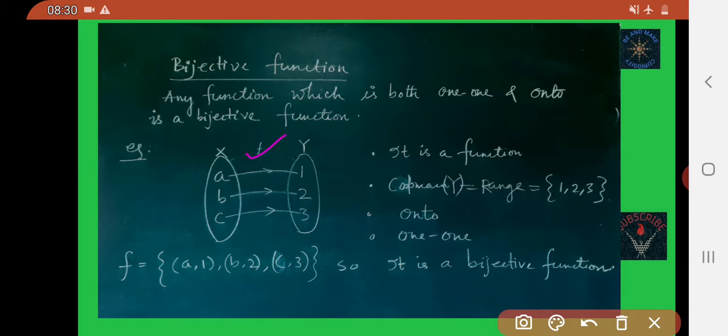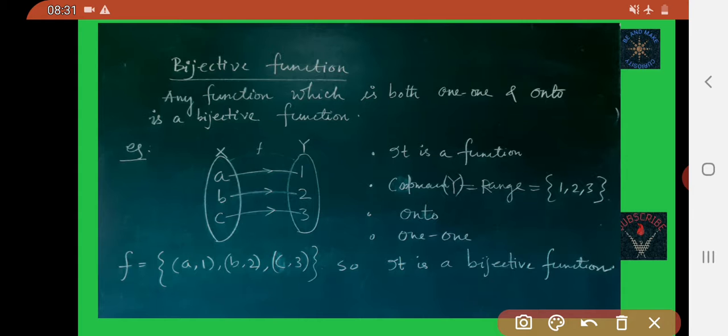Yes, it is a function because every element of set X is related to exactly one element of set Y. So, A is related to 1, B is related to 2, C is related to 3. So, it is a function.